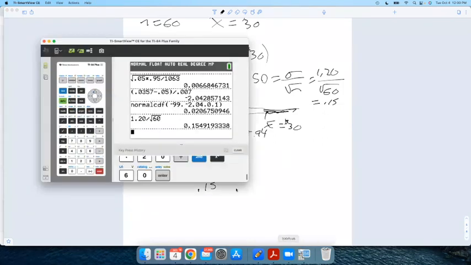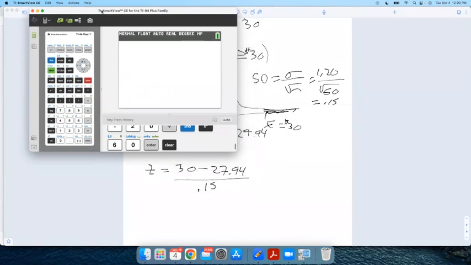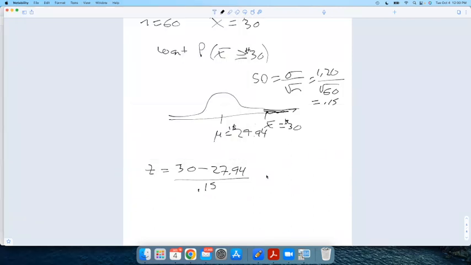That's going to be a really big z-score. Divided by 0.15, 13.7. That's a gigantic z-score. Z-score is not your final answer, though. Now I do normal CDF.